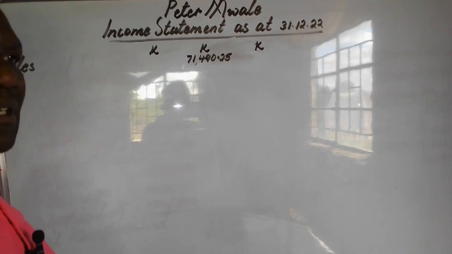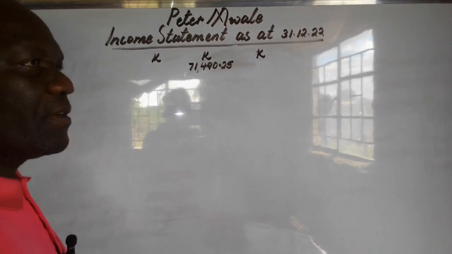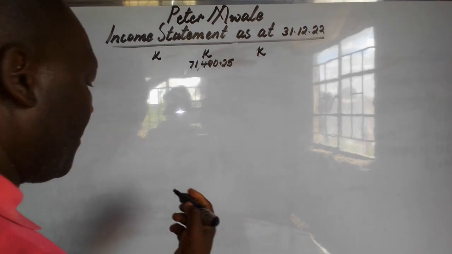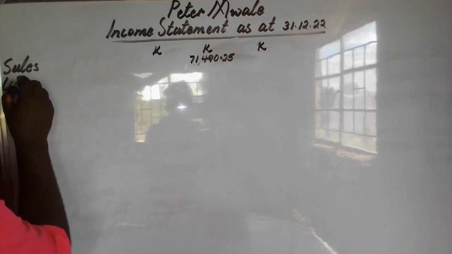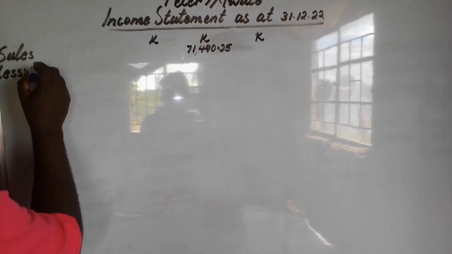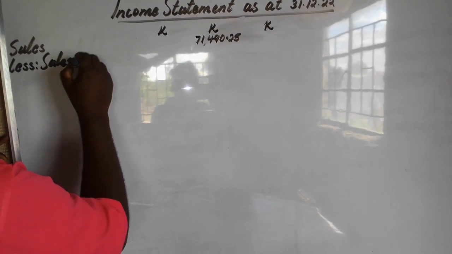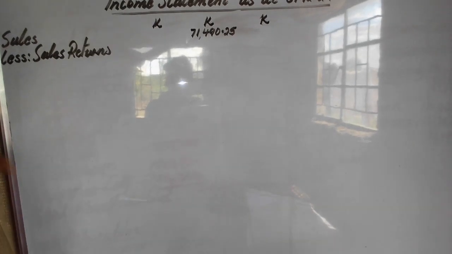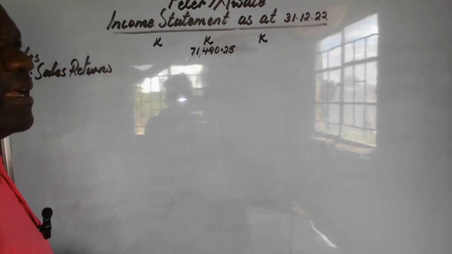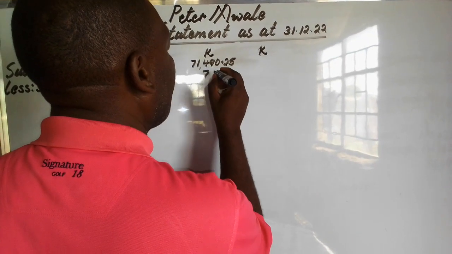And in the question, I got the figure which says sales returns. So the sales returns, you less them, you subtract. So less sales returns, the figure is 790.